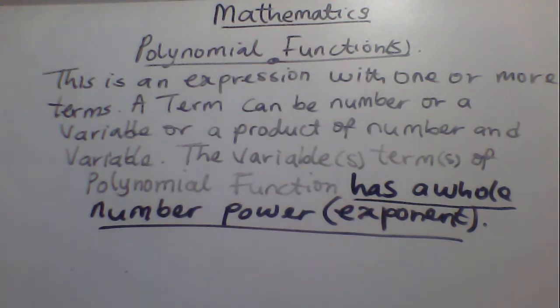The variable terms of a polynomial function have a whole number power. What does that mean?